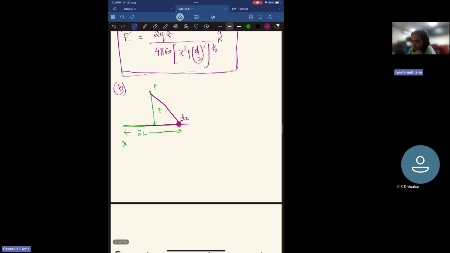Okay, so for the potential here, it is 1 by 4 pi epsilon naught lambda dl prime by r. So this is r here, this distance we are taking. The receiver point P is also here, so r will be square root of x square plus z square.